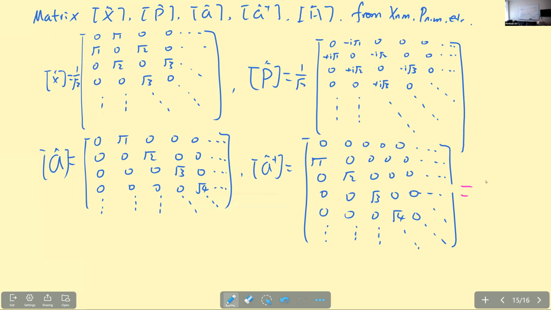You do the transpose and then the complex conjugate. That means it's the Hermitian conjugate of this matrix. Similarly, this one equals the conjugate of that matrix. That's why we put a dagger right here.